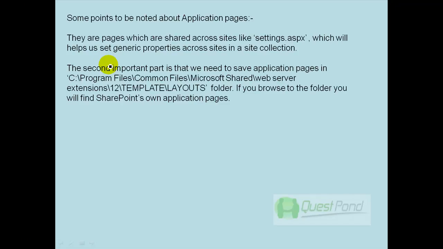Now, a couple of points to be remembered about application pages. First, as we said, they implement generic functionalities, they are pages which are shared across sites. So settings.aspx or forgot password.aspx, such kind of pages are shared across sites. The second important part is that they lie in the layouts folder of SharePoint.